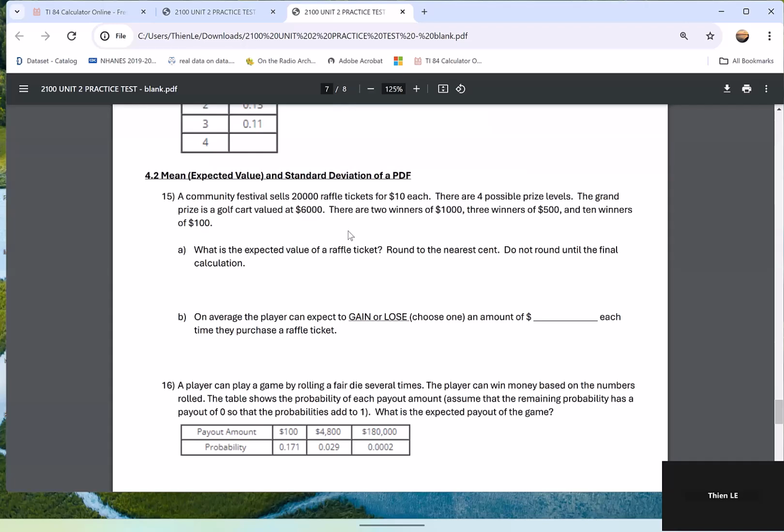So the remaining 19,984 people will lose the money. So the probability of you getting negative $10 will be 19,984 out of 20,000.